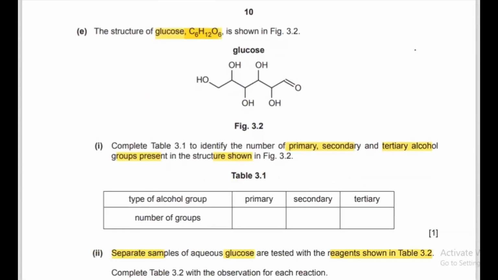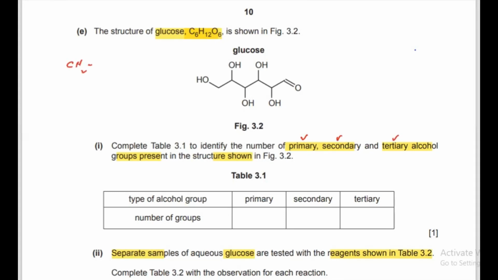Now, this is the structure of glucose. Complete table 3.1 and identify the number of primary, secondary, and tertiary alcohols.